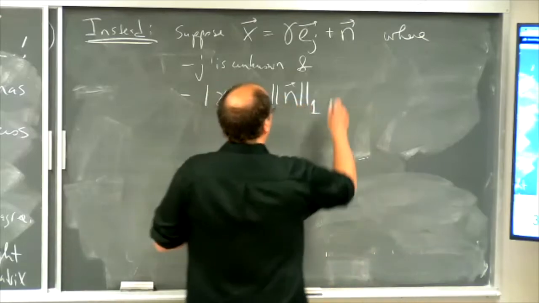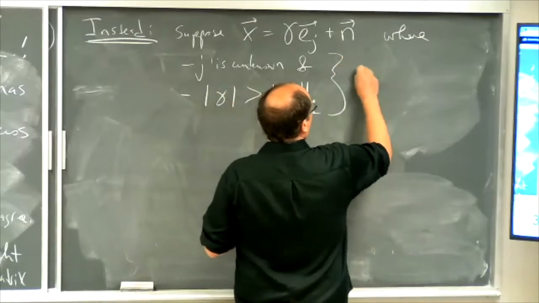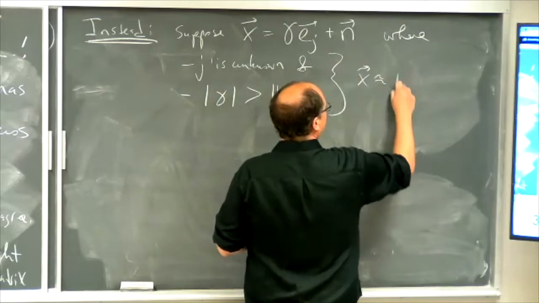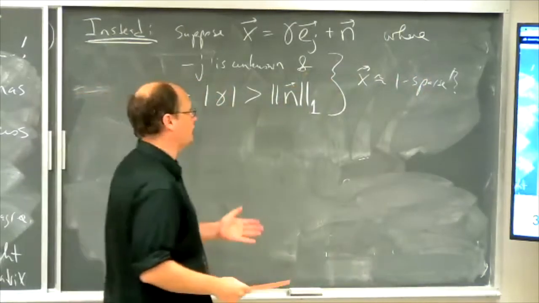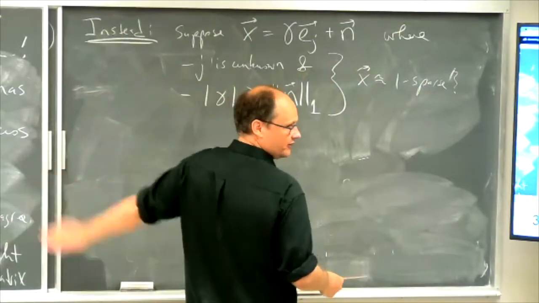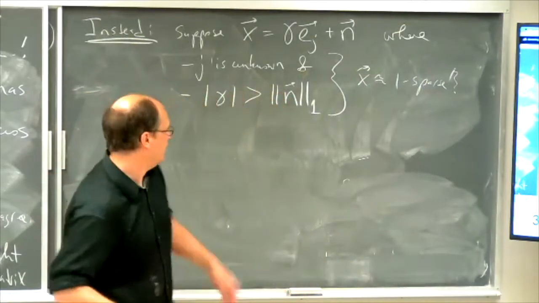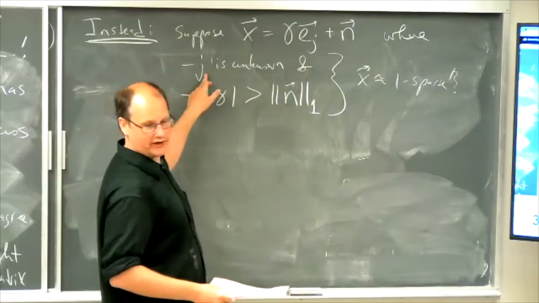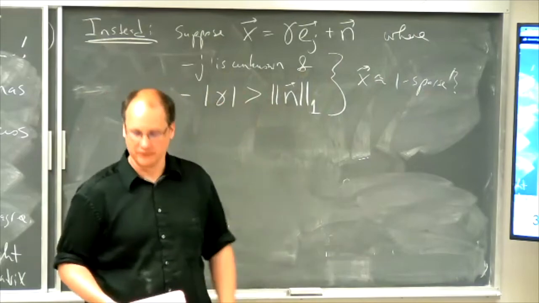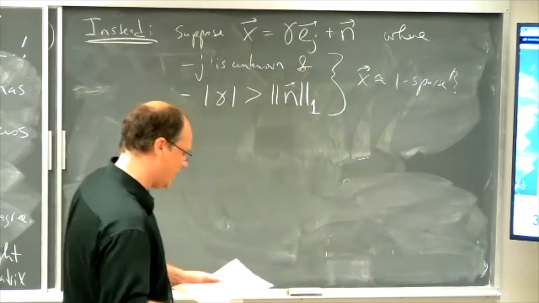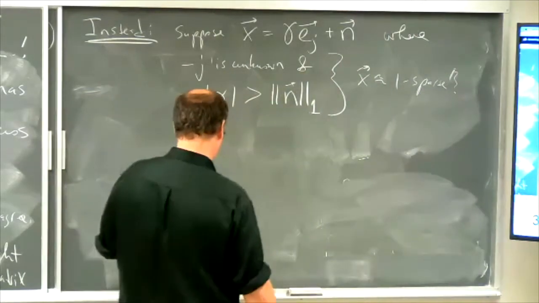So in other words, we're saying, what if x is approximately one sparse? So you can still approximately solve this system using the same type of approach. And the way you're going to solve it is just identifying j and getting an estimate for gamma, right? So that's sort of what happens inside of a lot of these sublinear time algorithms.